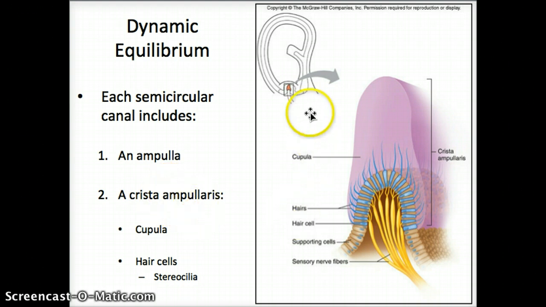If you look here, we're showing this blown up. We have the crista ampullaris here, a cupula here, and then the hair cells down here with the hairs, the stereocilia. You can see the sensory nerve fibers running back out of that.